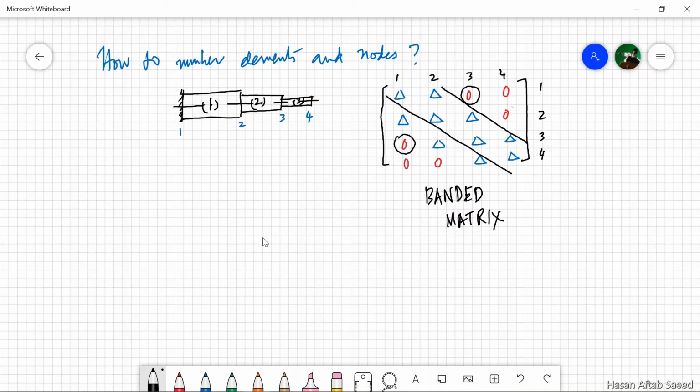And recall that it was a symmetric matrix as well. So what this means is we don't need the system to memorize this part and this part.